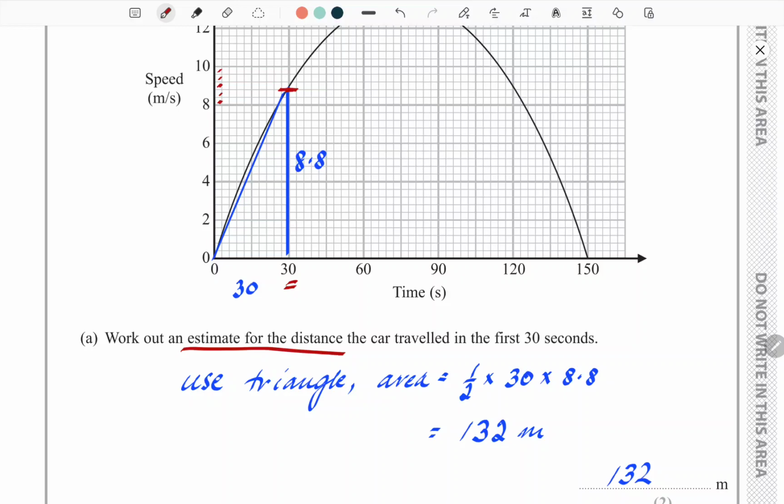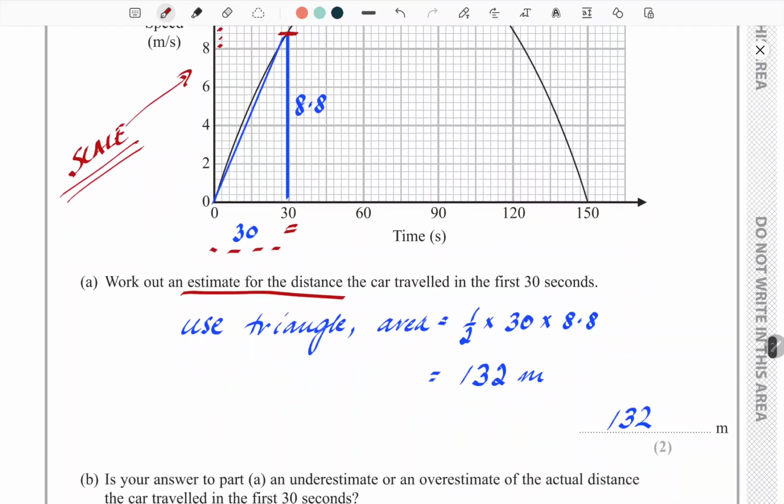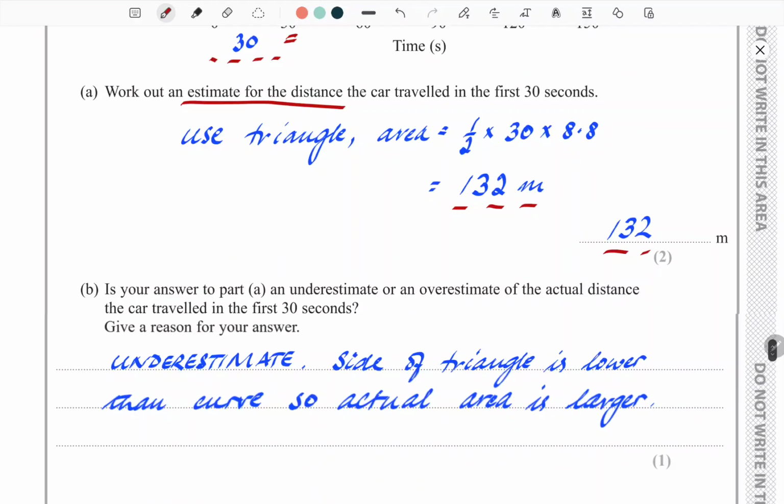Please do not write 8.2 just because it's 2 little squares up. Make sure you look at the scale. The scale is very important. So half times the base, which is 30, times the height, 8.8, and in your calculator that gives 132 meters, and that's your answer. Nice and simple.